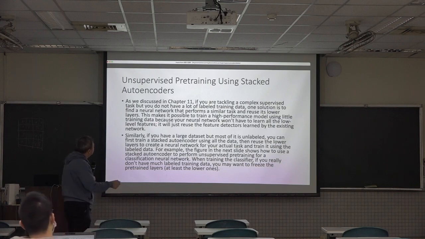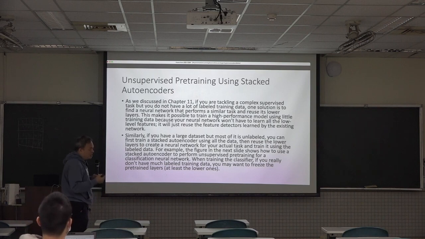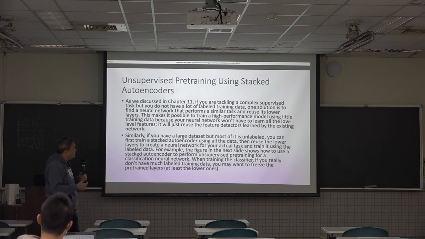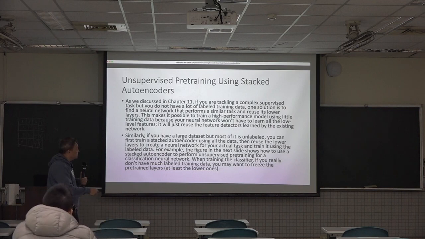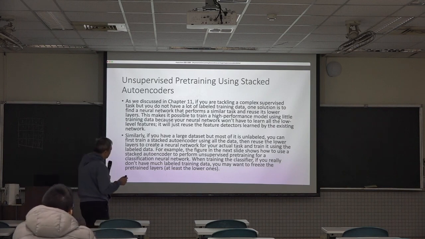However, if you cannot find a model that performs a similar task, what do we do? If you have a large data set, but most of it is unlabeled and only a limited amount is labeled.